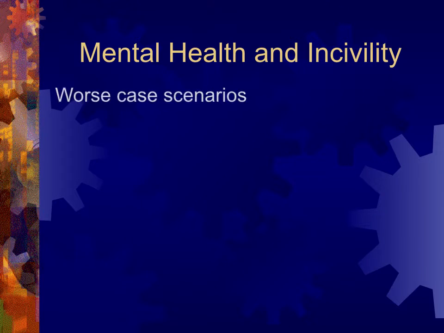Now, when you think about mental health and incivility, there are some worst case scenarios. There were 4 mass shootings that occurred, and 2 of them you might be familiar with were the Sandy Hook shooting and the Virginia Tech shooting. There were also nursing students that actually failed courses and went back and shot their faculty members and some students.